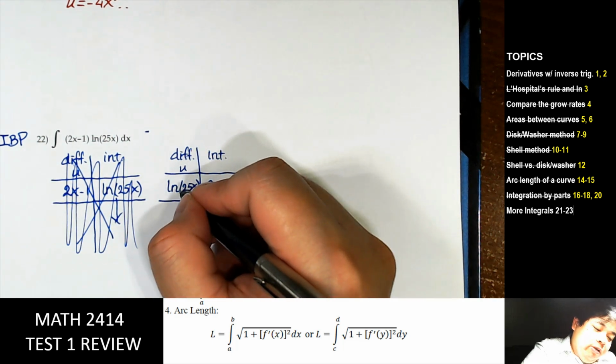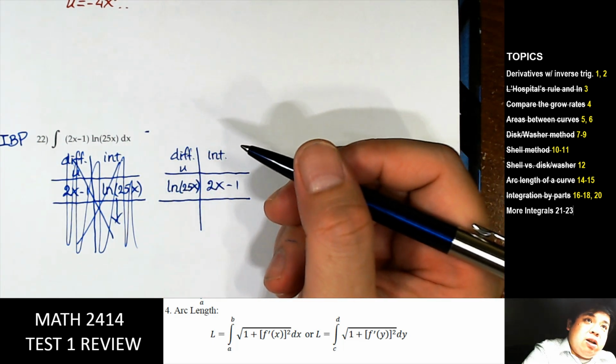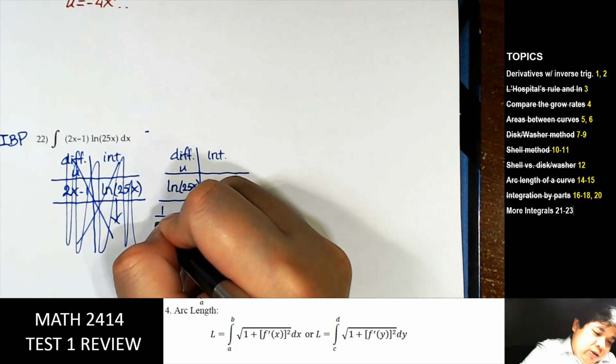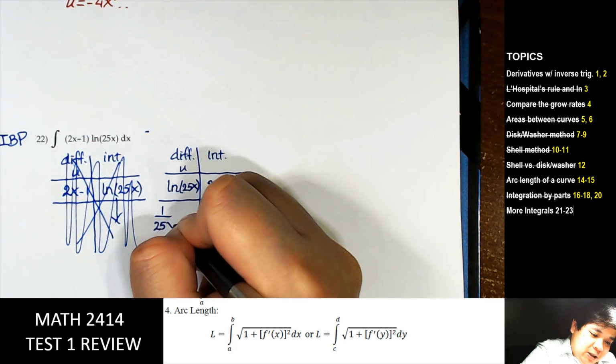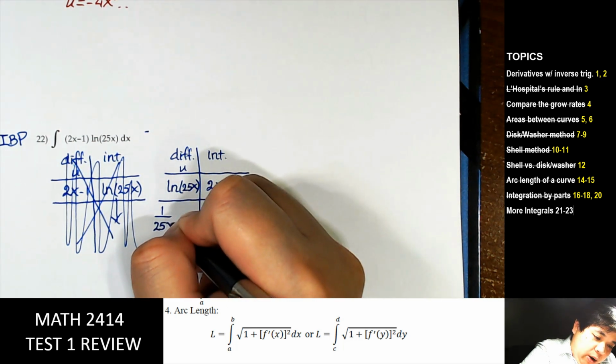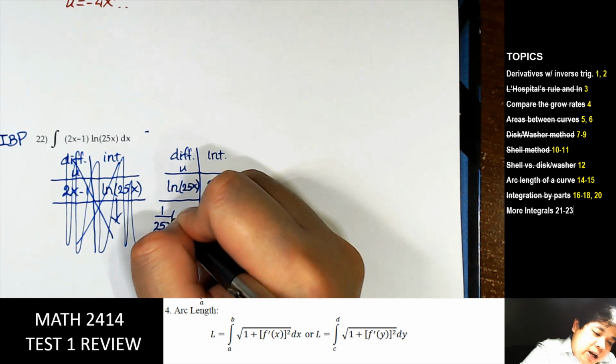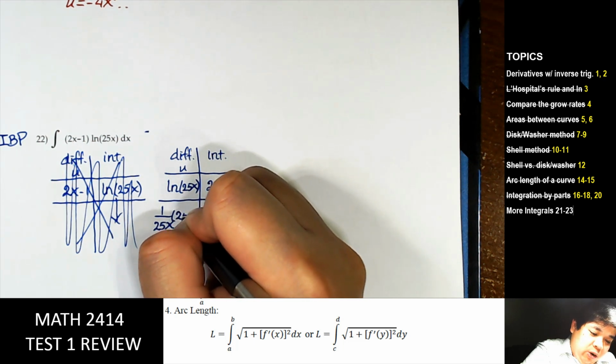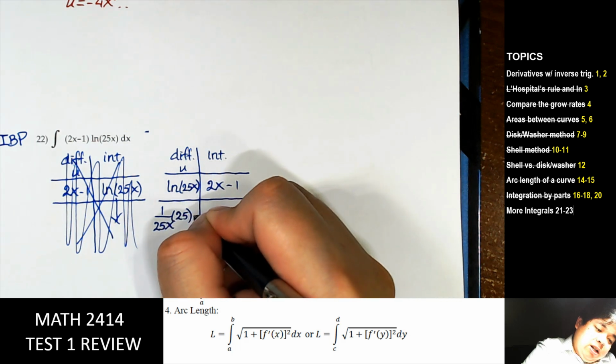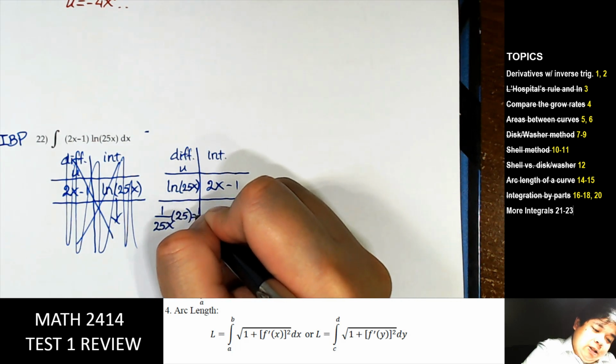Right, derivative of ln of 25x is 1 over 25x, and then times 25, which is derivative of 25x. So that's just 1 over x.